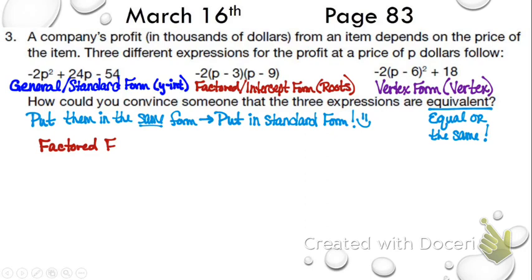What is our factored form? Yep. -2, and then inside parentheses, p minus 3 and p minus 9. To go into standard form, I'm always using order of operations. What is order of operations again? PEMDAS. So parentheses, but that's if I can do something inside it.